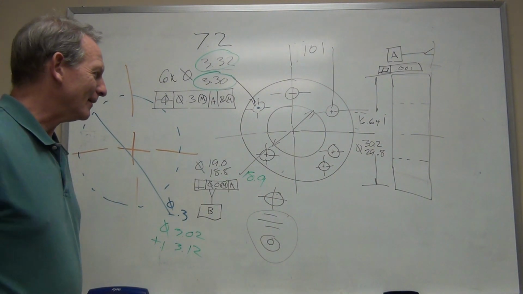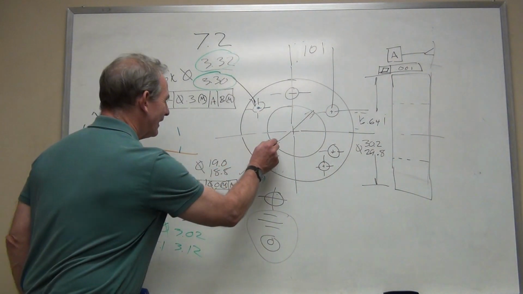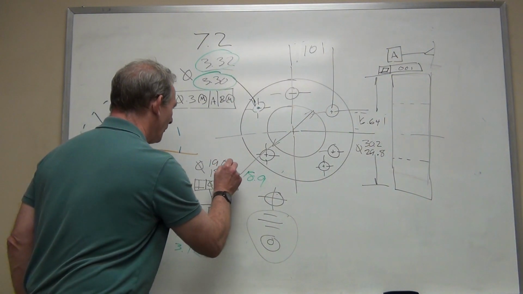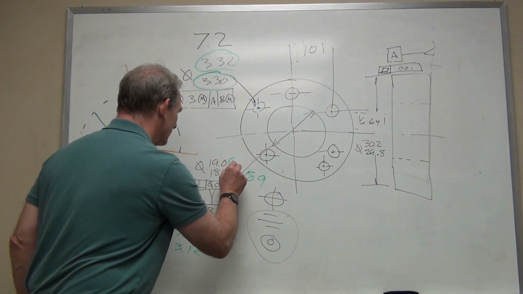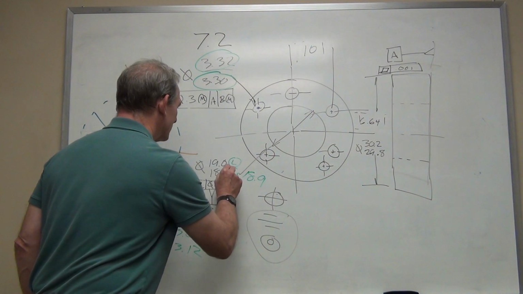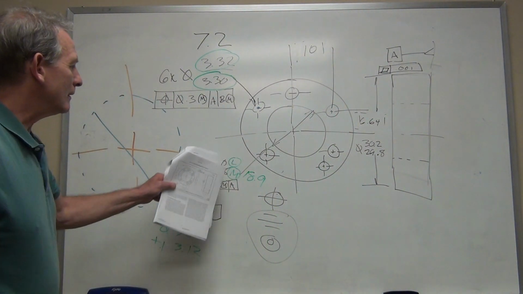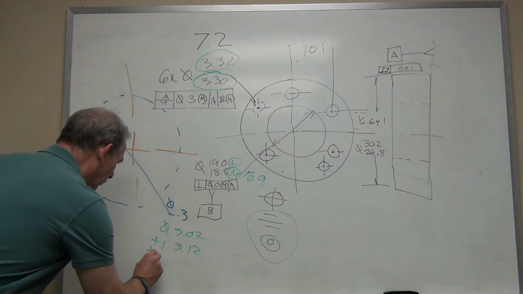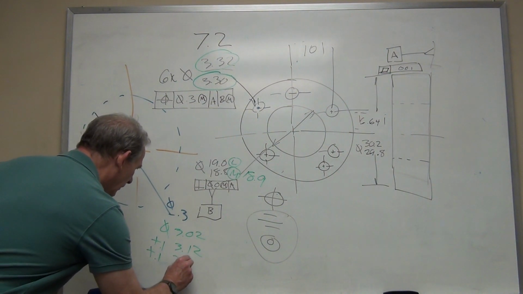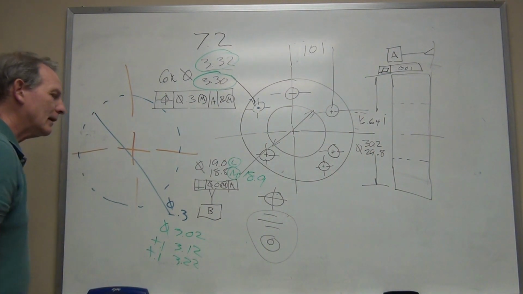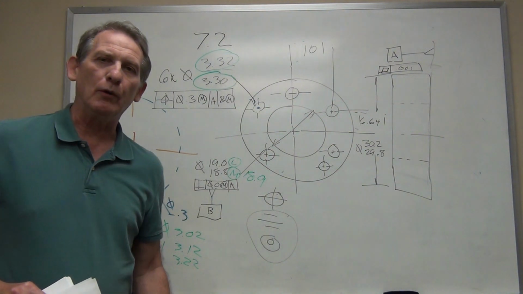And we're still not done. If we take the datum feature up to least material condition, we'll get an additional plus 0.1, and that tolerance zone then becomes 3.22.